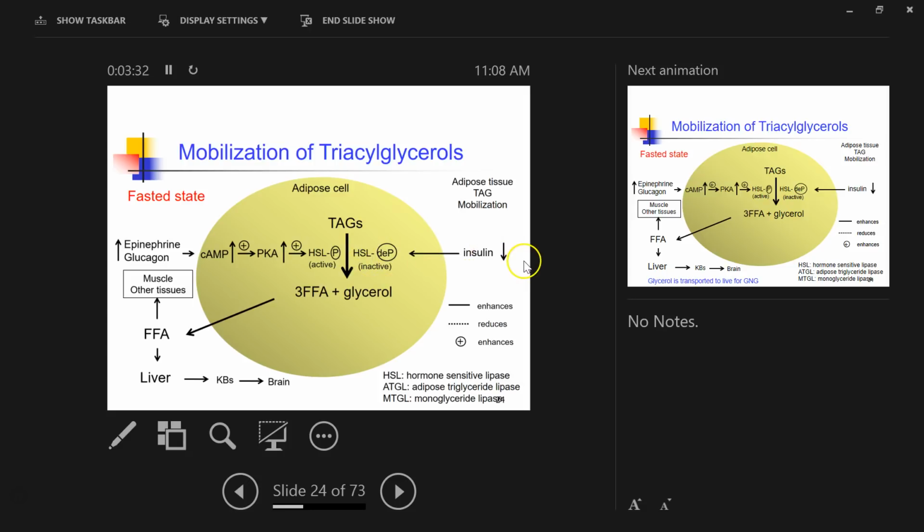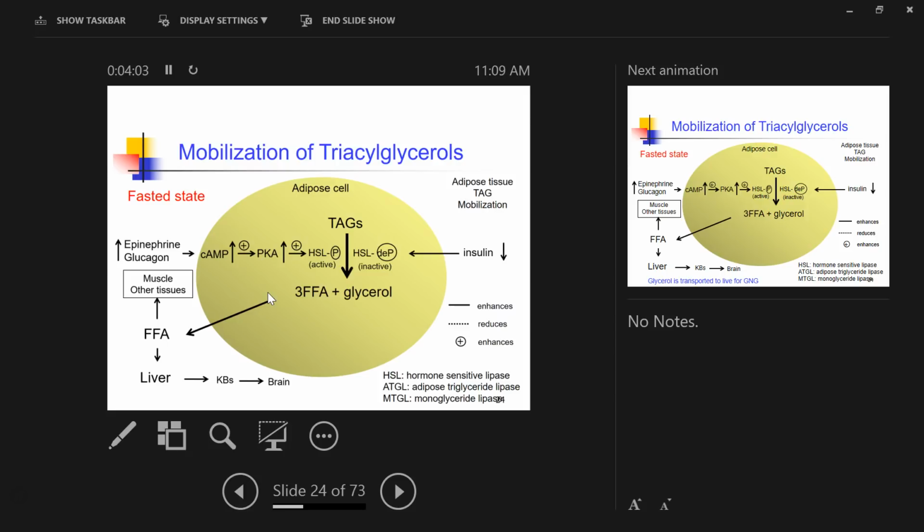And during the fasting, because the insulin level is low, this inhibition will be relieved. So in other words, decreased insulin causes increased HSL activity, right? Does that make sense? Okay. So this is for question number 19.